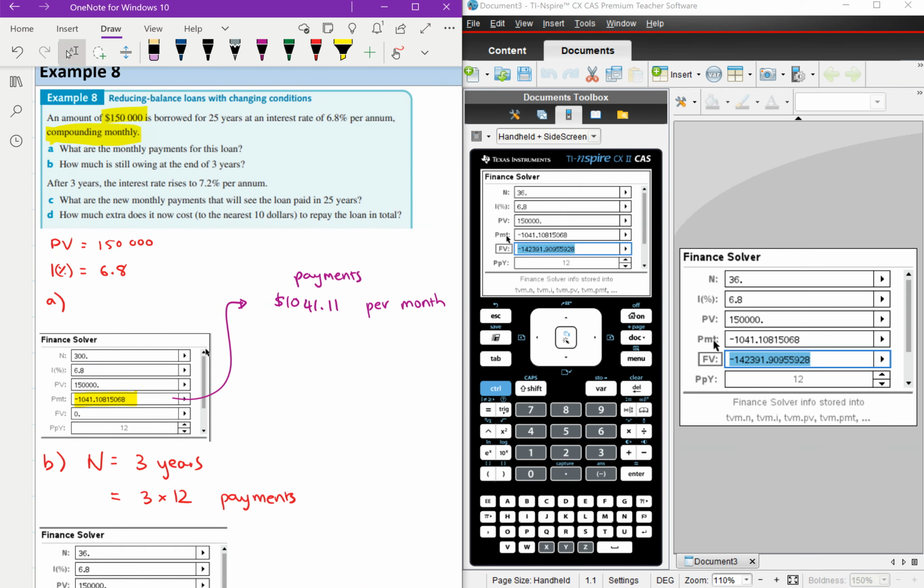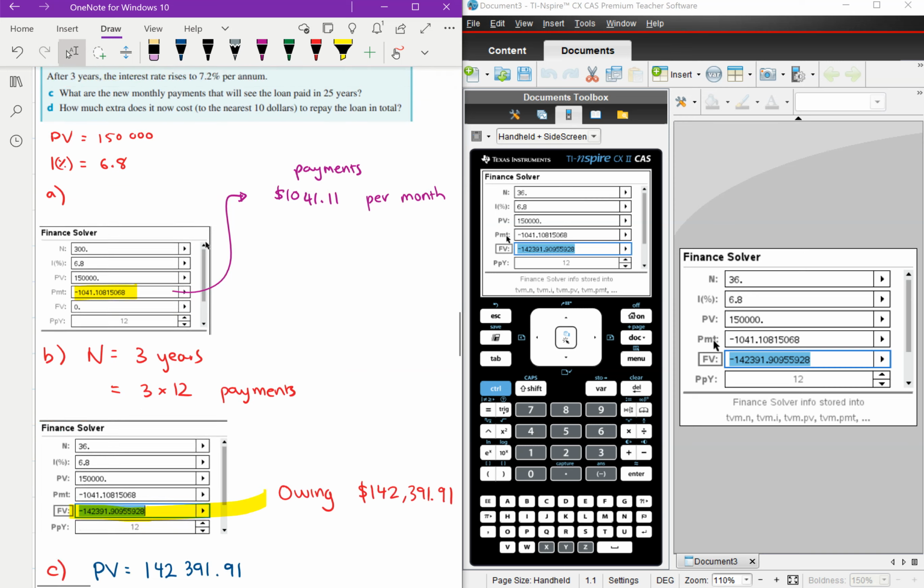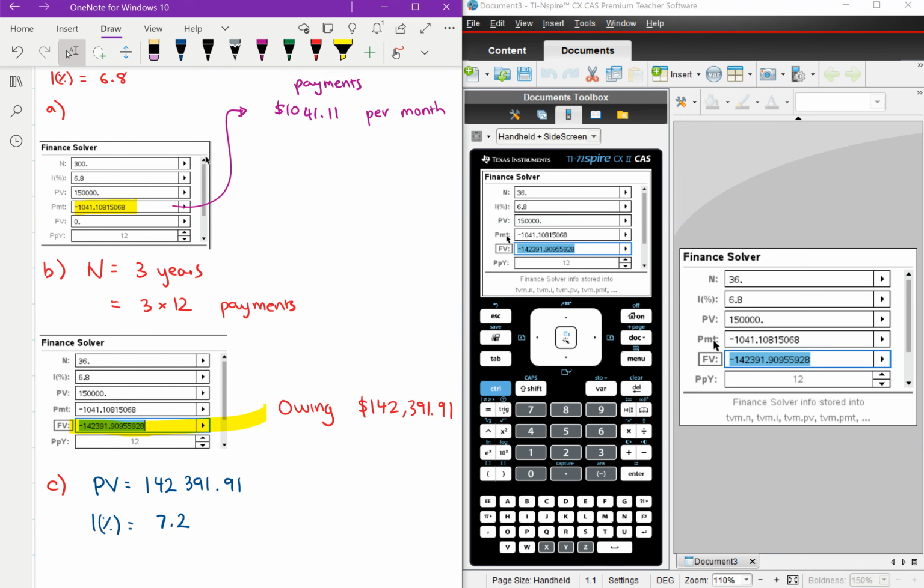So that's a key part. When they say after 3 years, notice that the PV is now changed, and it also means the FV, which was negative, now is going to be positive because that's the amount that I currently have from the bank, if that makes sense. Okay. And so what is my question asking?